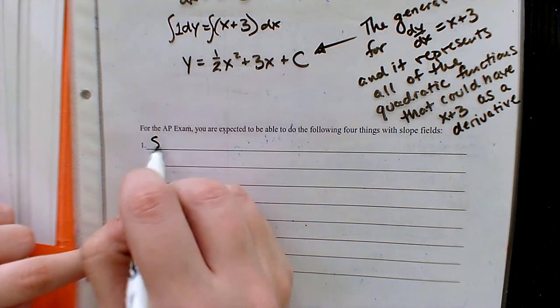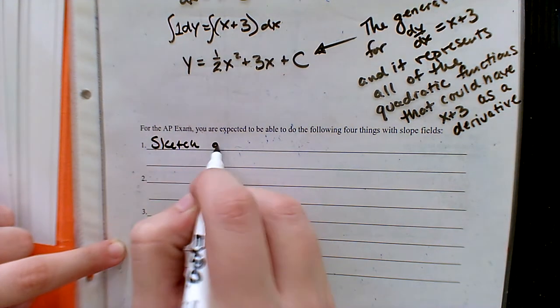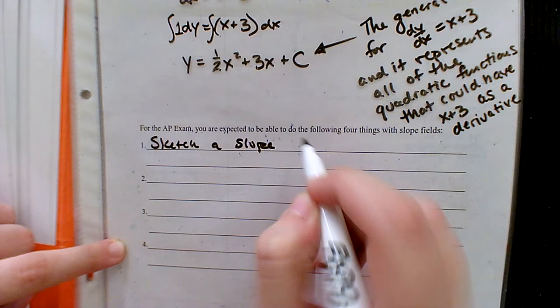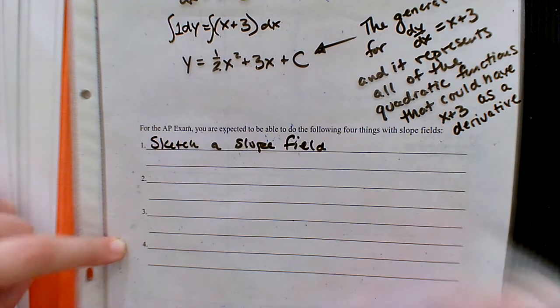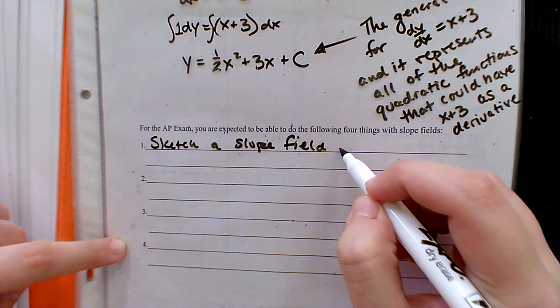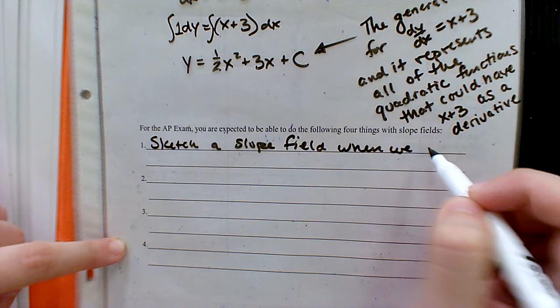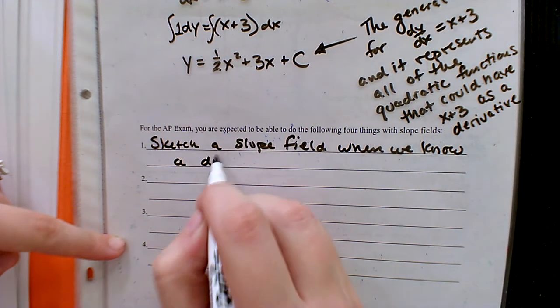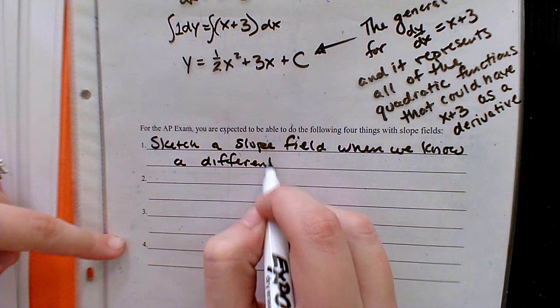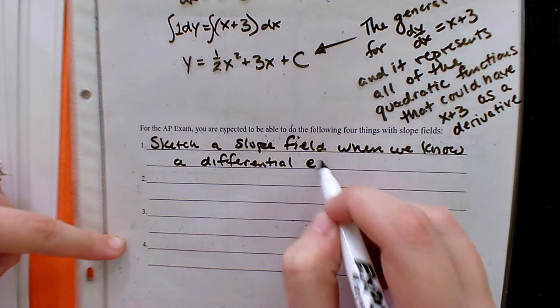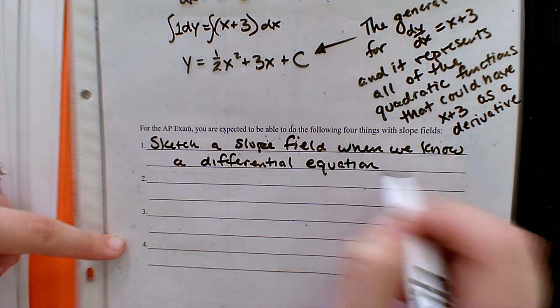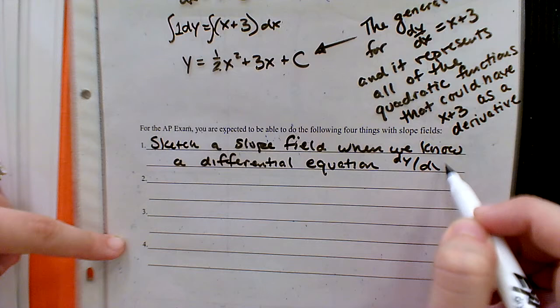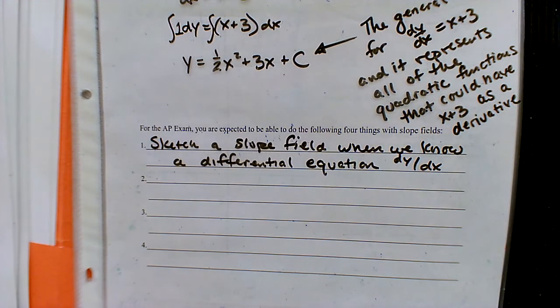So the first thing we're going to try to do today is sketch a slope field when we know a differential equation. Differential just means derivative. We're definitely going to do that today.